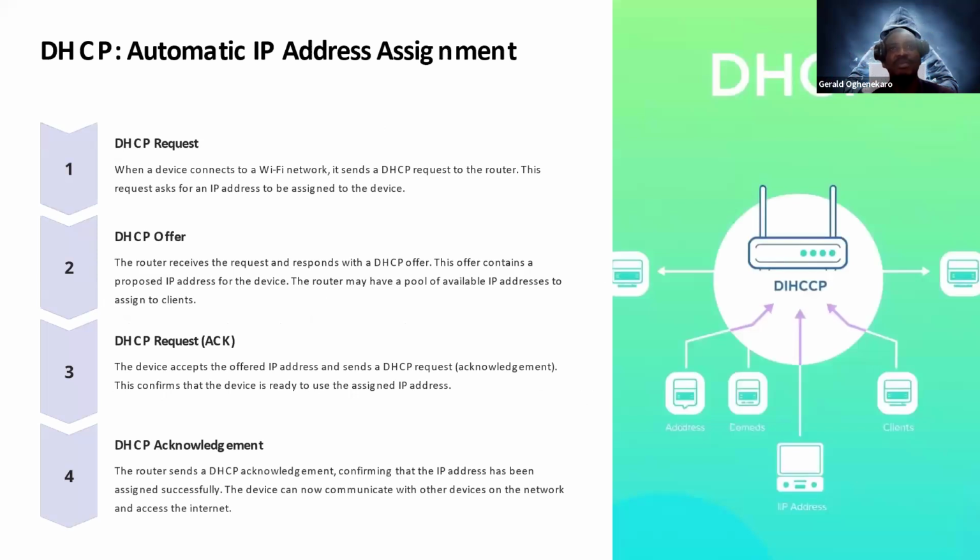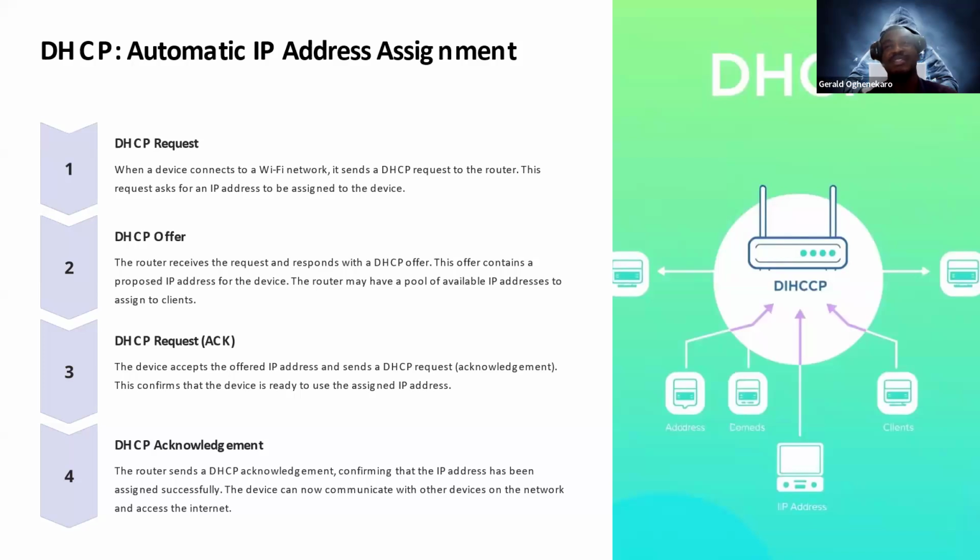So DHCP, I'm just going to dive a little bit deeper, right? With this slide, we are wasting time. The process of getting an IP from the DHCP: once you connect, you can see the diagram on your right. That's like a router, right? And you have multiple devices trying to make a DHCP request.